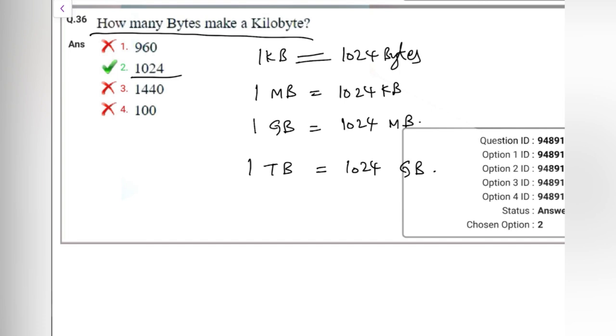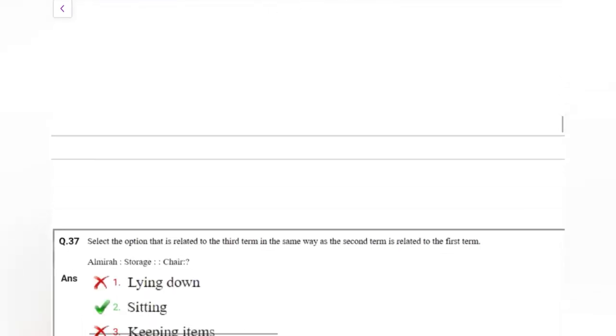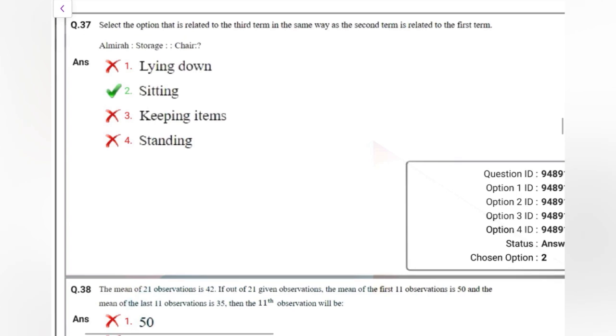So the order is kilobytes, megabytes, gigabytes and terabytes. So 1 kilobyte is equal to 1024 bytes. Almara is related to storage in the same way chair is related to sitting.